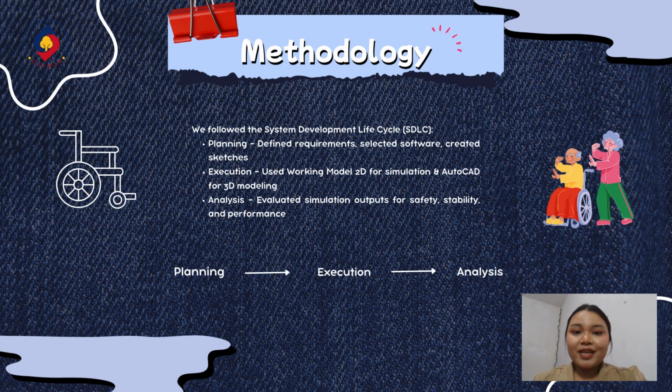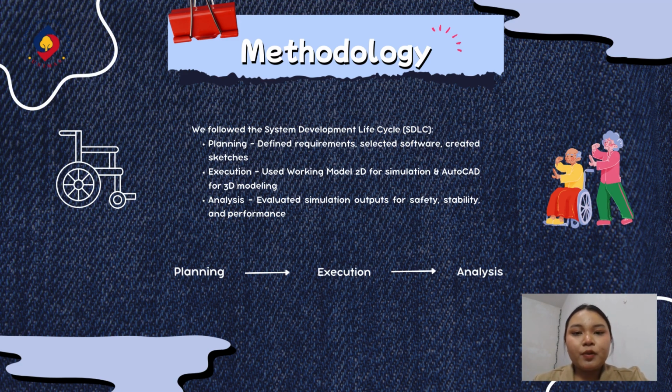To bring our design to life, we followed a structured three-phase approach known as the System Development Life Cycle or SDLC. In the planning phase, we defined what the wheelchair needed to do, selected the right software tools, and sketched our initial concept. In the execution phase, we moved into simulation and modeling.